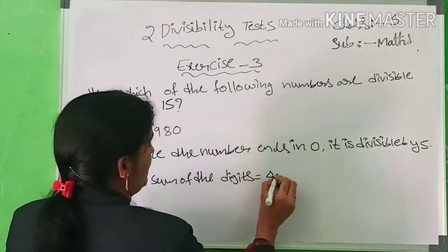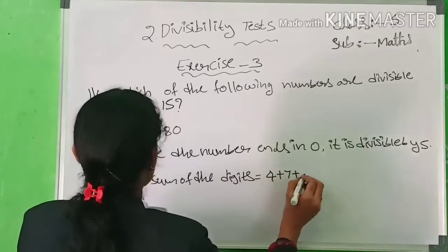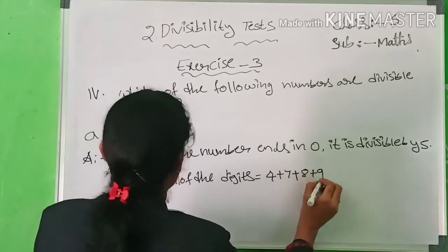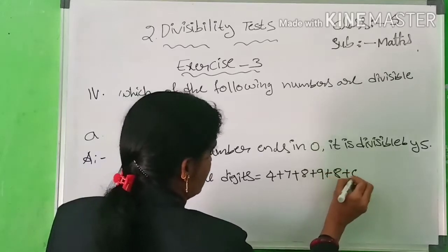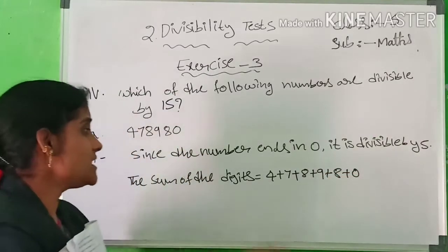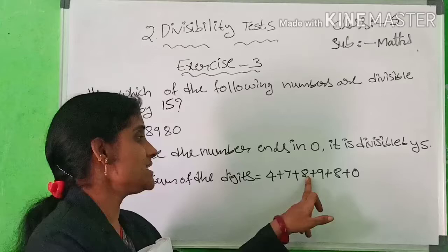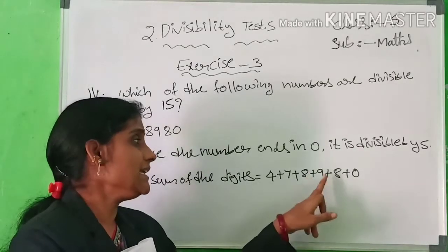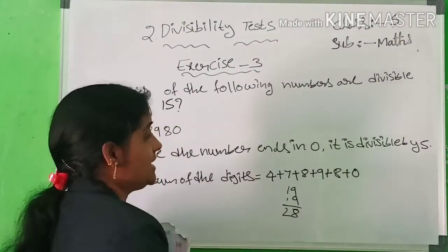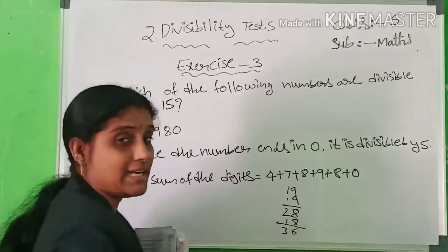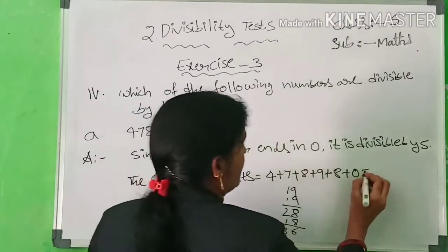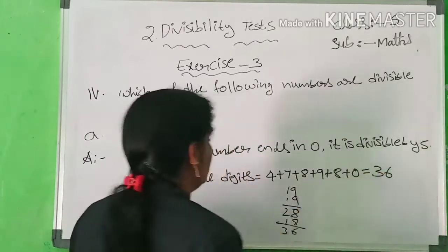You can do 4 plus 7 plus 8 plus 9 plus 8 plus 0. 7 plus 4, 11. 11 plus 8, 19. 19 plus 9, 28. 28 plus 8, 36. 36 plus 0, 36.